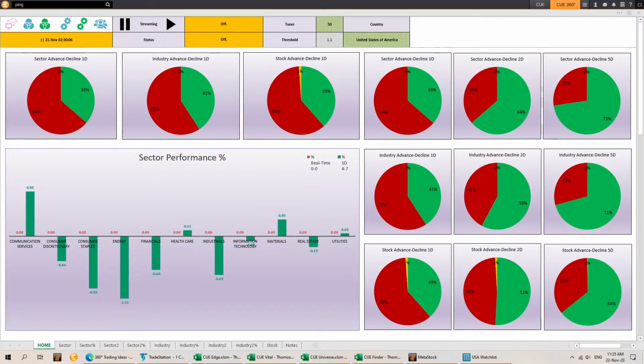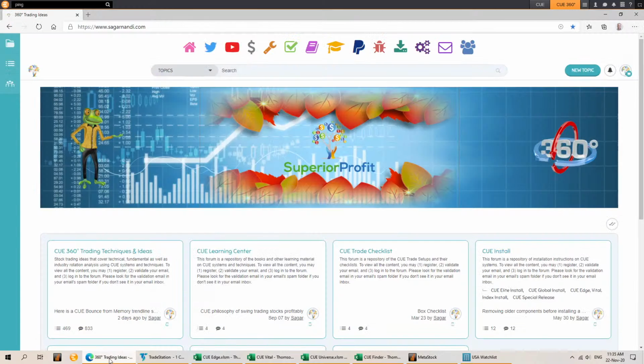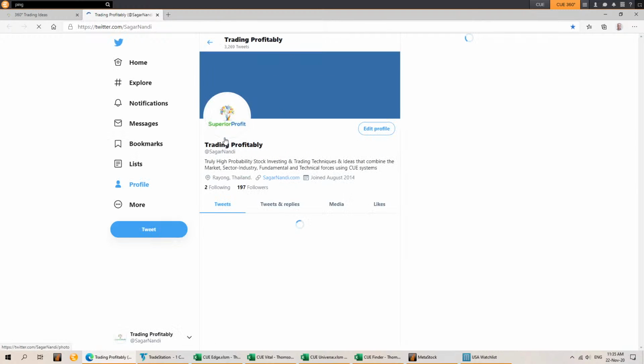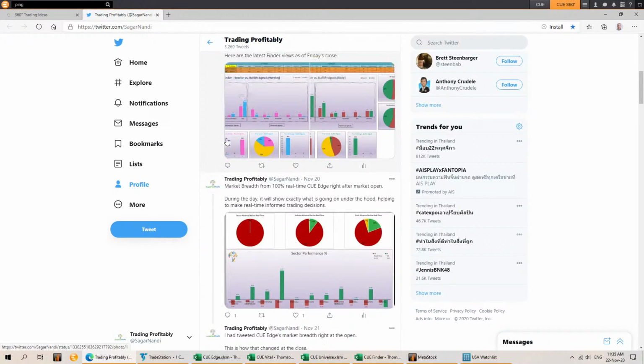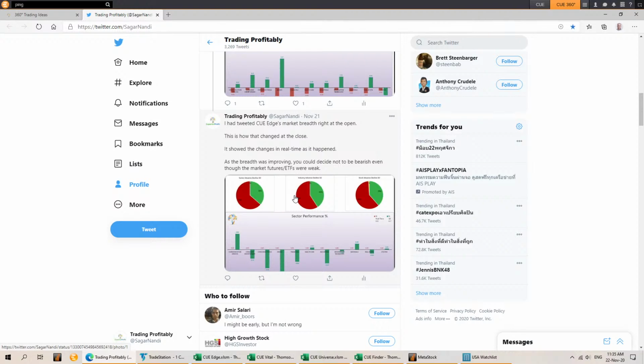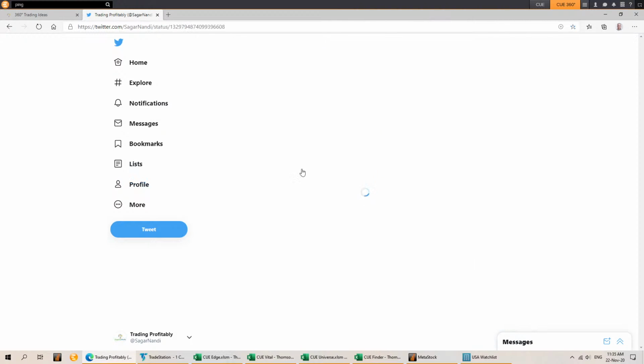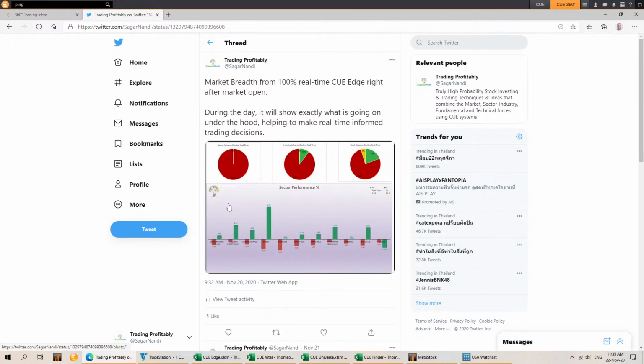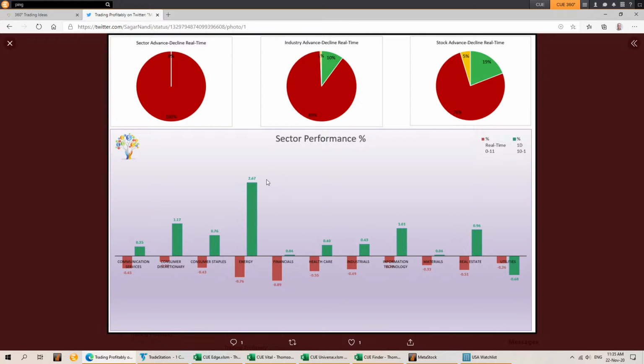However, I tweeted a picture on Friday, I think right at the market open. Let's check it out. Yes, this is the tweet that I shared right at market open on Friday, on the dot, 9:30 a.m., because Q edge is real time, vital index, everything is fully real time.